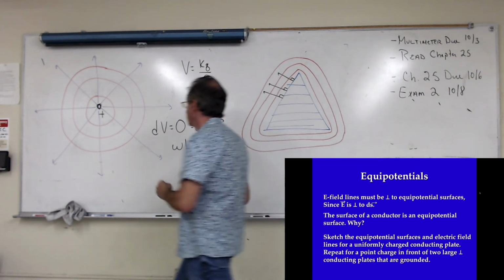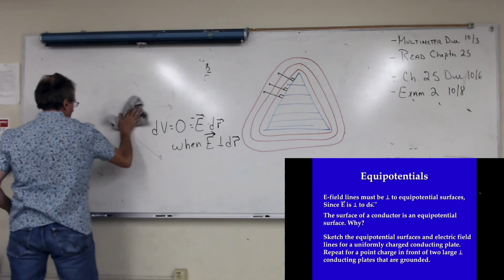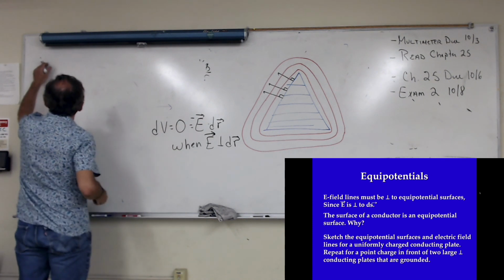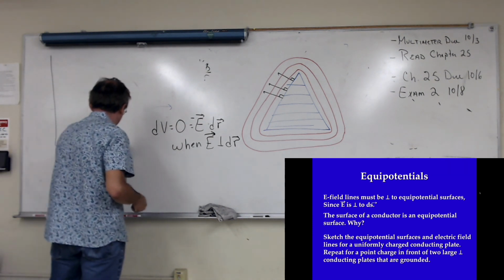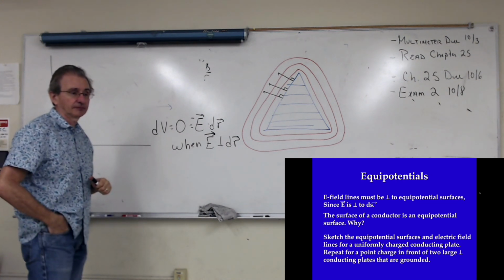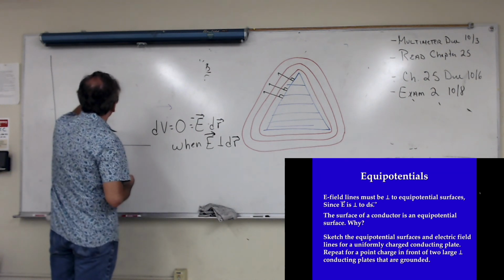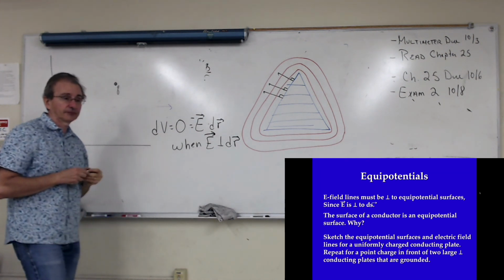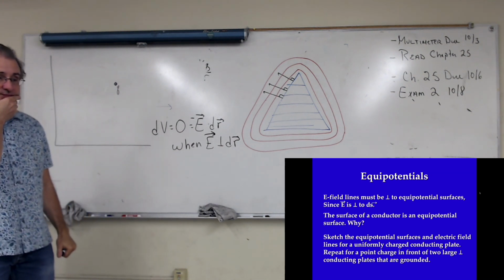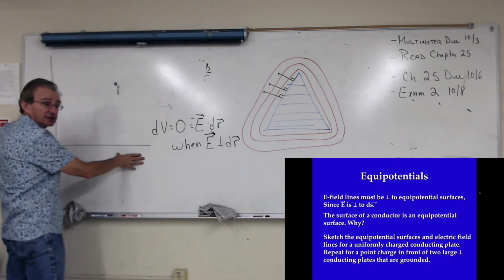If I have a plane, with a point charge here, this is a conducting surface. I put this charge near the conducting surface.